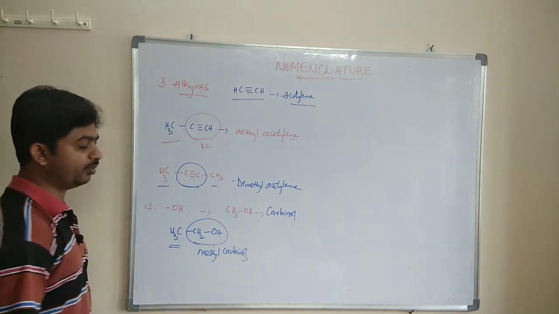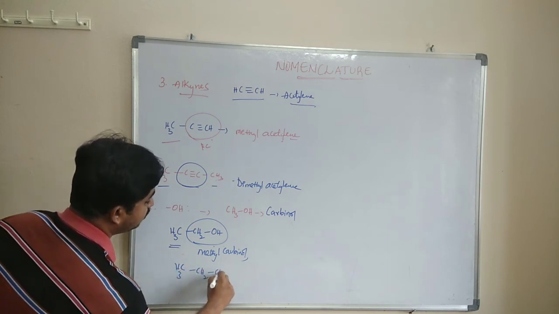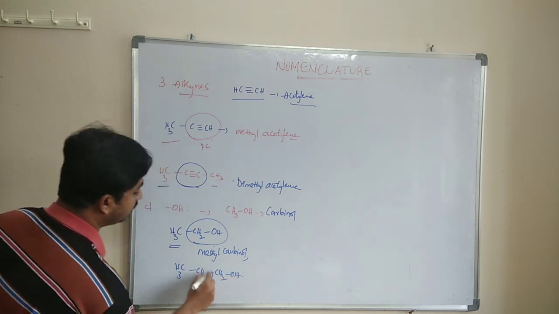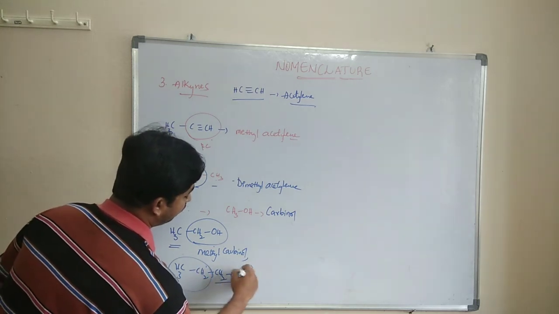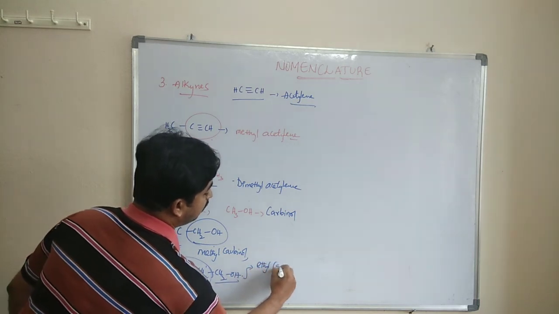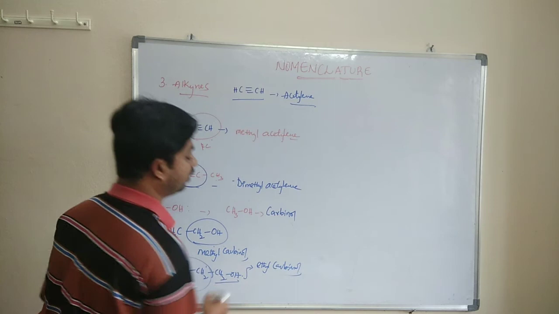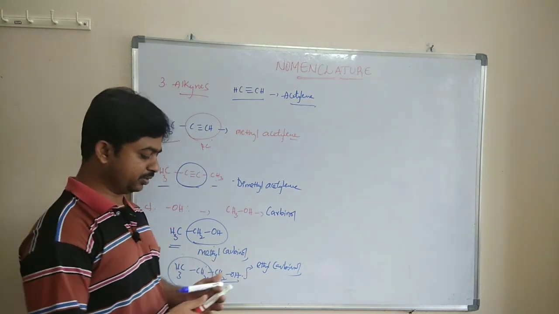CH3, CH2, CH2OH. If it is the structure, so this will be the prefix. It is the parent chain. So ethyl carbinol is the name of this one. Like this, we can give the names for the OH containing compounds.